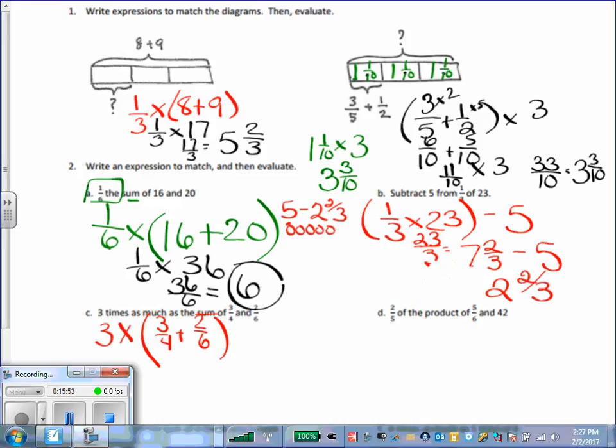All right, Cedric, what'd you get? 3/12. Okay, can you simplify that? You're right, but can you simplify it? You can divide by 3, and it's 1/4.